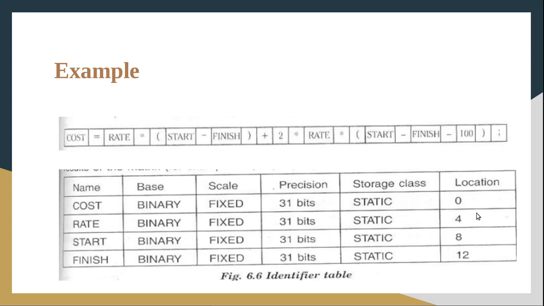But make a note that these are relative locations, not the absolute or real locations. The absolute address, or real location, will be known only at the time of loading. So this is the relative location or relative address. In the storage assignment phase, we add the storage-related information, that is the storage class type and location, into the identifier table database.